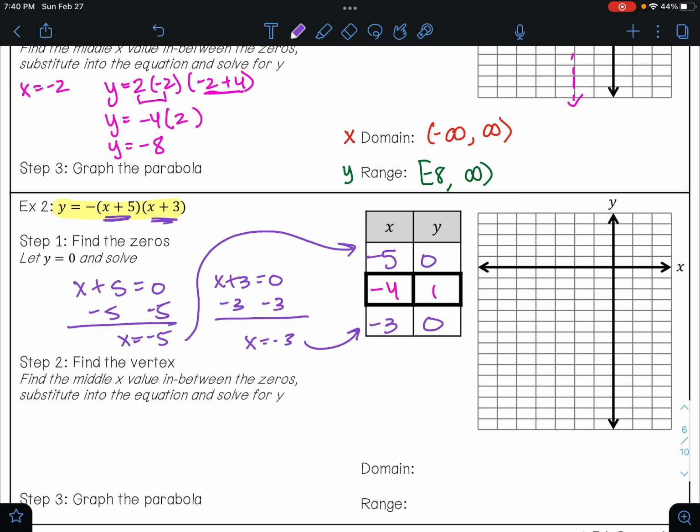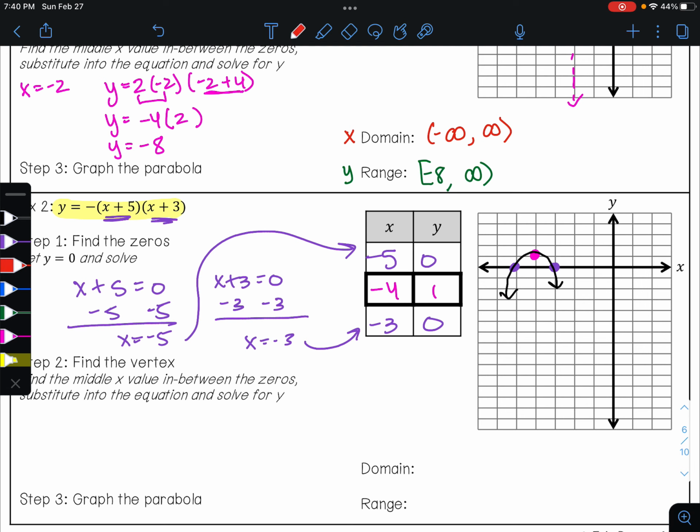So those are where that comes from. So -5, 0 is 1, 2, 3, 4, 5 right here. -3, 0 is right here. And then the point -4, 1 is right here. Again, you can find that all using Desmos. So then we can go ahead and graph our parabola.